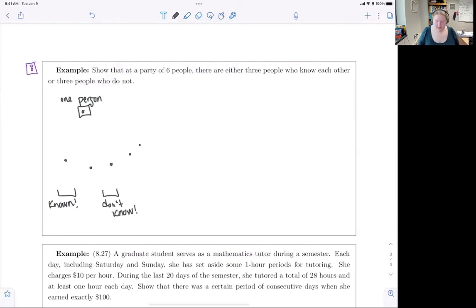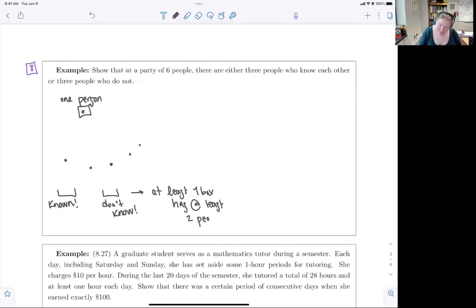So our special person, these 5 people are going to get divided into 2 boxes. Either they know our person or they don't. So pigeonhole principle tells me that at least 1 box has at least 2 people in it.